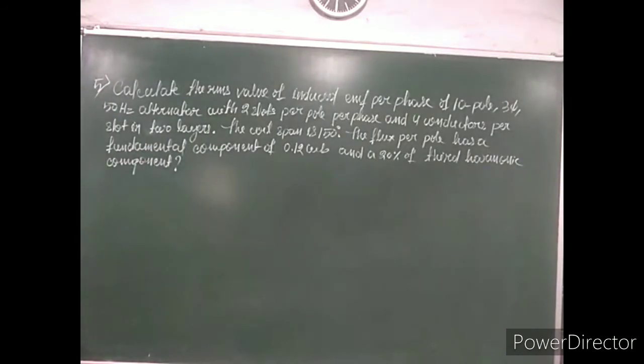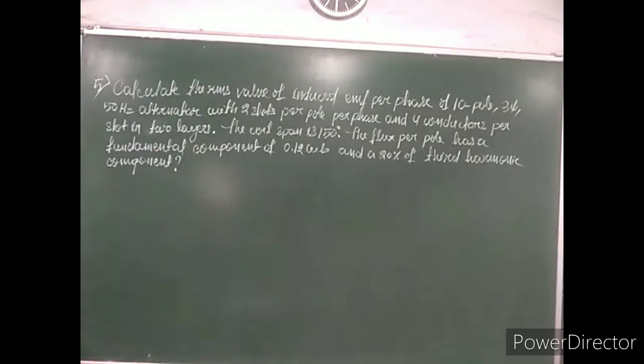So here students, you are very clear about what data are given. That alternator has 10 poles, 3 phase and 50 Hz frequency, and 2 slots per pole per phase and 4 conductors per slot. Here coil span is 150 degree.